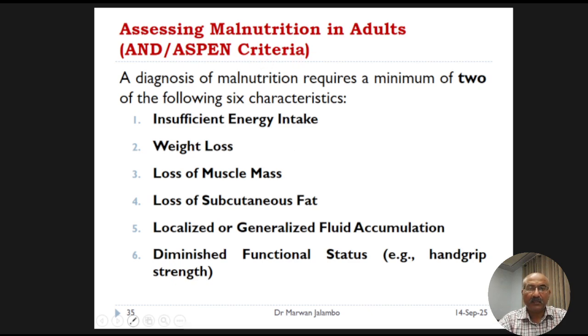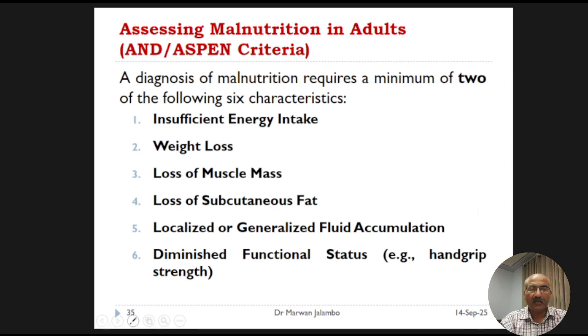The Academy of Nutrition and Dietetics and ASPEN developed a consensus statement outlining 6 key characteristics. These are insufficient energy intake, weight loss, loss of muscle mass, loss of subcutaneous fat, fluid accumulation that could be masking weight loss, and diminished functional status, which is often measured by hand grip strength.